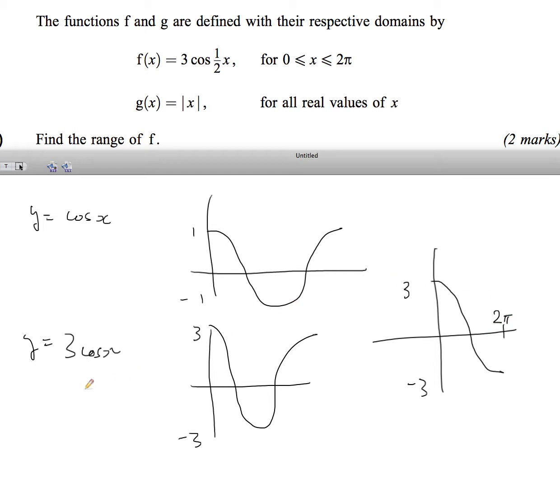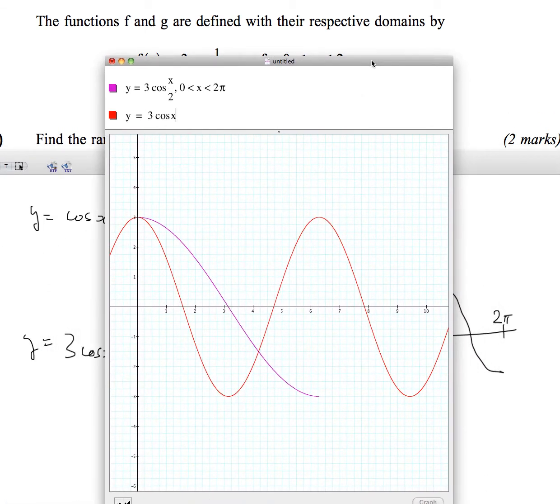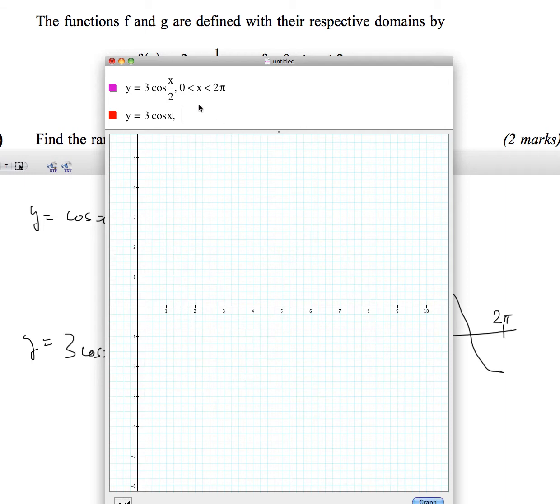If you look at here, you can see the red is the normal cosine curve, and that's with the half.